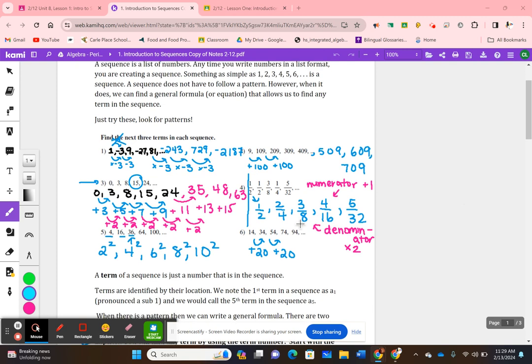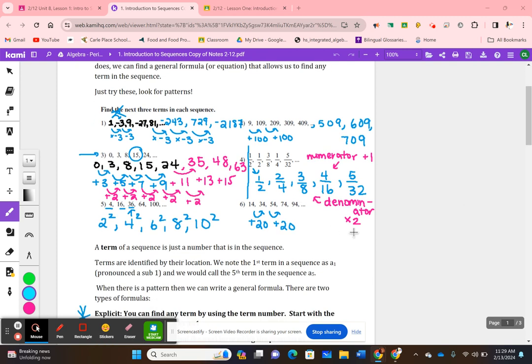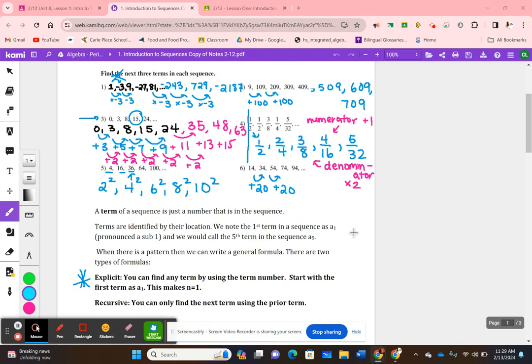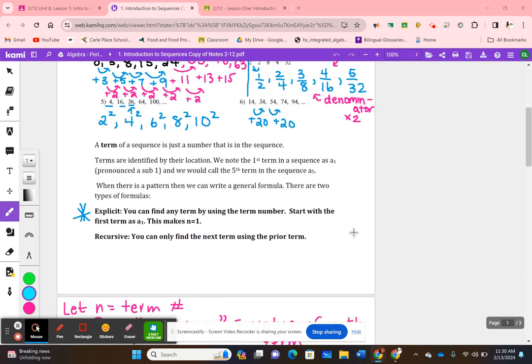Number 5 was even numbers squared, starting with 2. Number 6 was linear, increasing by 20. We would expect you to be able to figure out the patterns for sequence 1, 2, and 6. A question like 3, 4, or 5 would be a challenge question, and would really just be for fun.